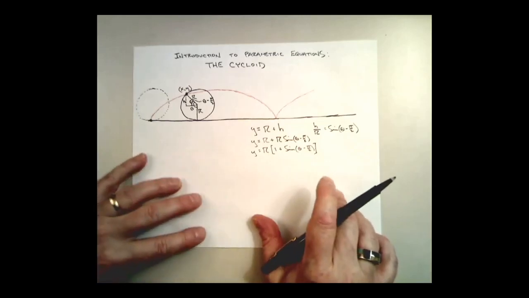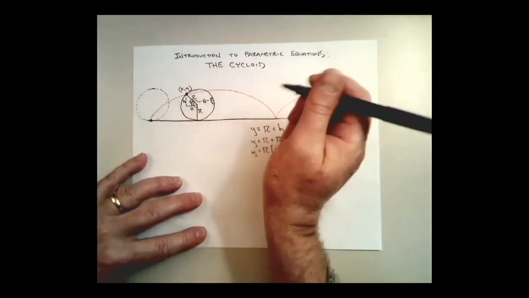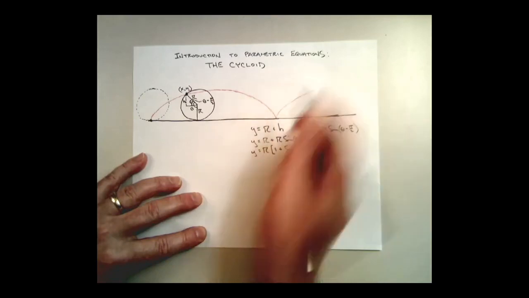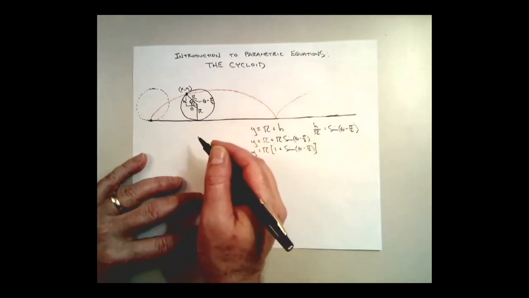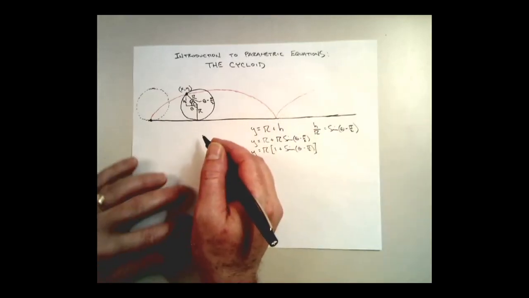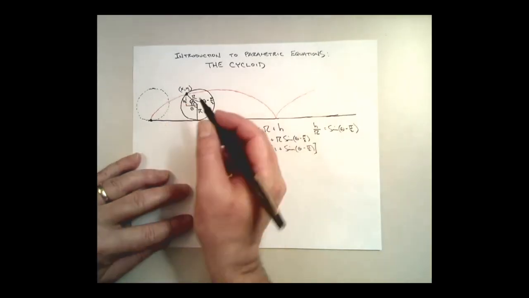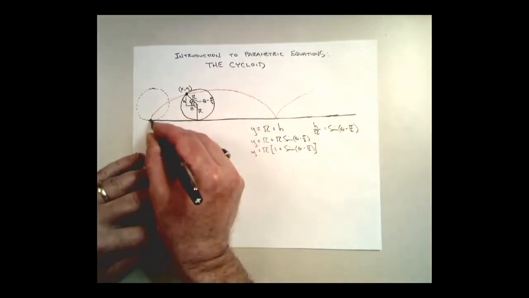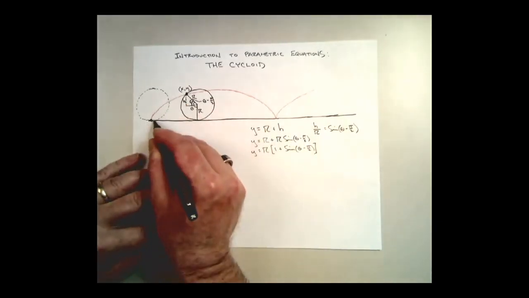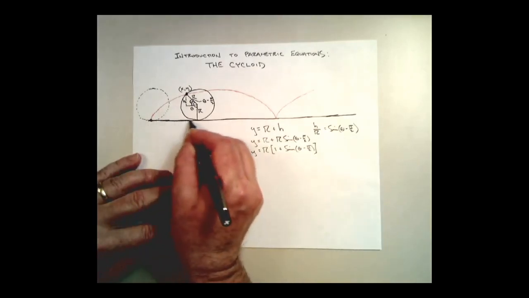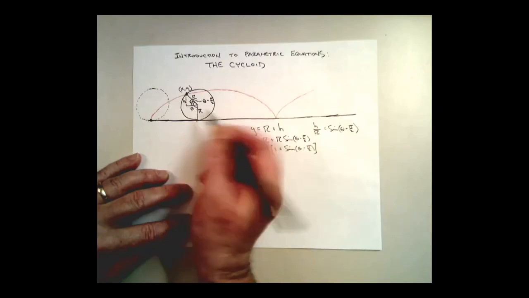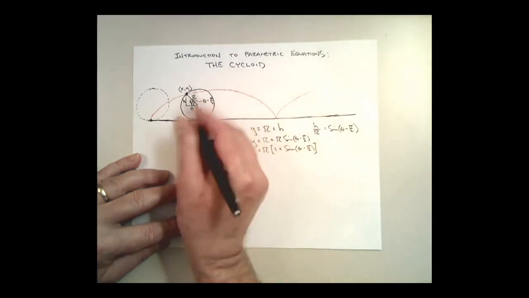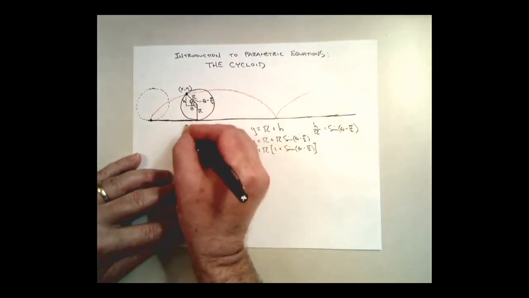Let's go for x. I think it's maybe not as clear, but it's not too hard to see that if we measured the length from the starting point over to this point right there, we've certainly gone beyond x. X lives right here.